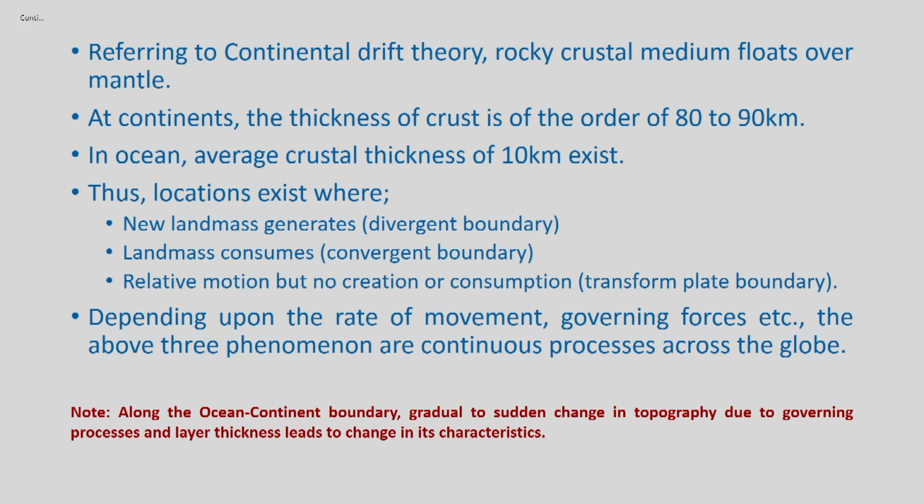Referring to the continental drift theory, if you understand the different layers available along the earth, starting from the crust, the uppermost layer, to the core, each of these layers, crust, mantle, core, has different physical and chemical properties, as well as the physical phase in which it exists.